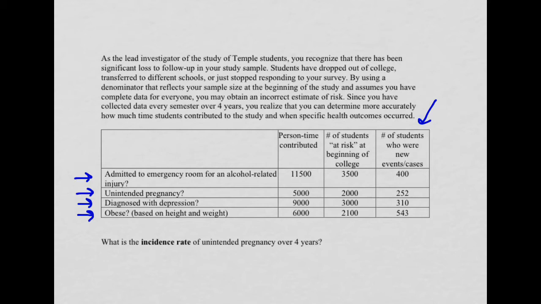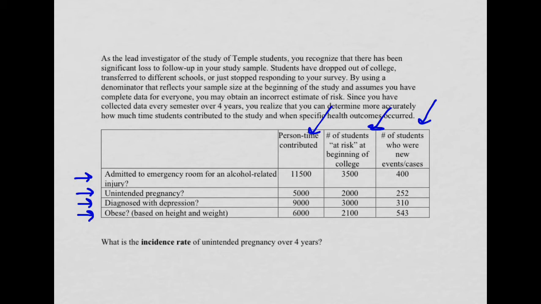We can then move to our middle column, where we have the number of students at risk at the beginning of college. This number is the same as in our cumulative incidence measure because it uses the data from the first wave of data collection and says how many of these students have the potential to get our health outcome moving forward. But here's some new information: person time contributed.